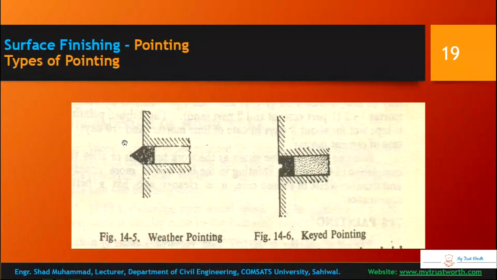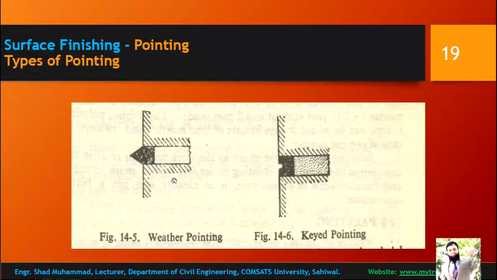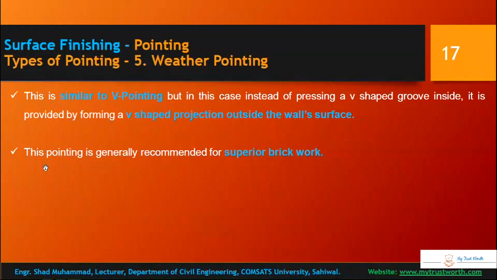So with the passage of time, due to weathering effects, this will break down due to extreme weather, extreme summer or extreme rainfall, or if some impact loading occurs over this portion of the wall, then this weather pointing will break.